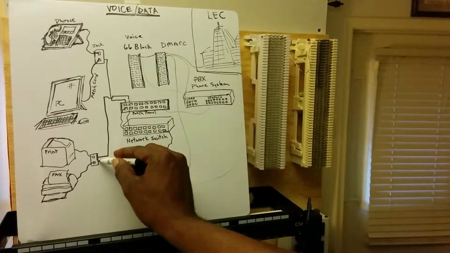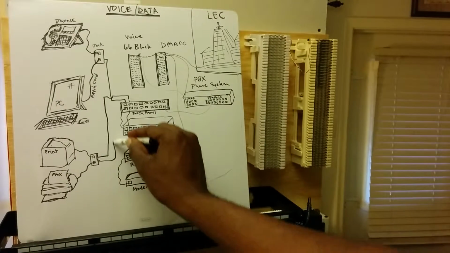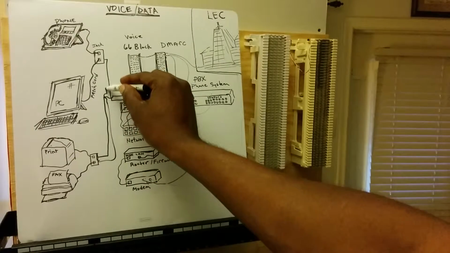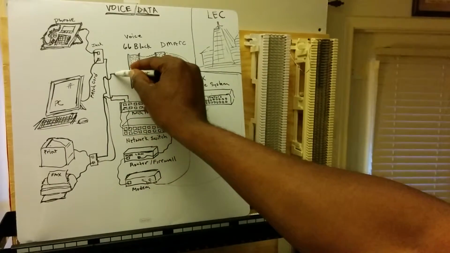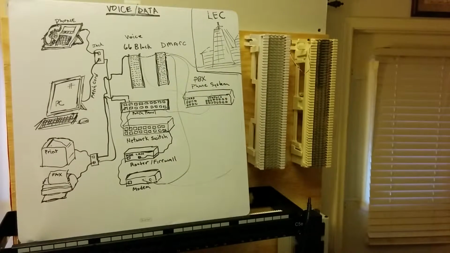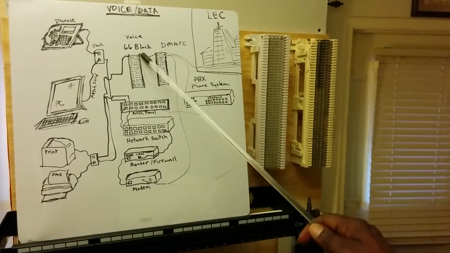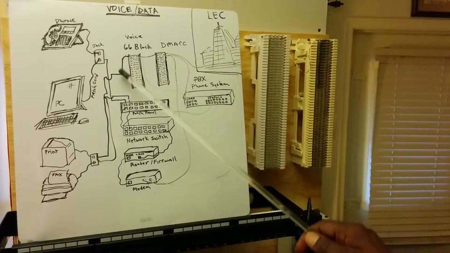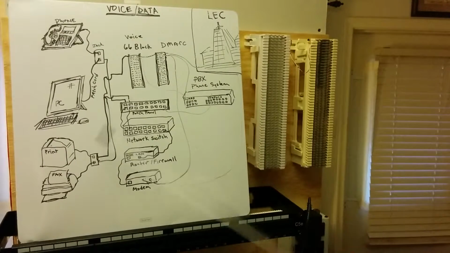So let's say we have a wire from our fax machine going through the walls, going up the ceiling, and it connects to our 6 block right there. So that's how we get our connection from the leg to the D mark over to the 6 block in the horizontal wiring or the home run.